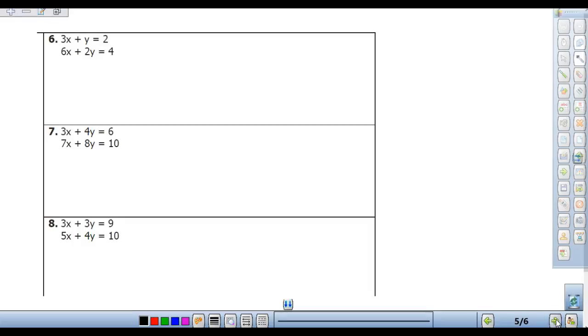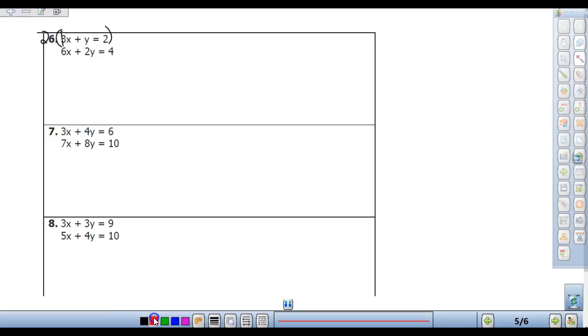Let's look at 6. Okay, on number 6, you want to get your x's the same or the y's the same? Okay, if we want to get y's the same, I'm going to multiply the top by 2.